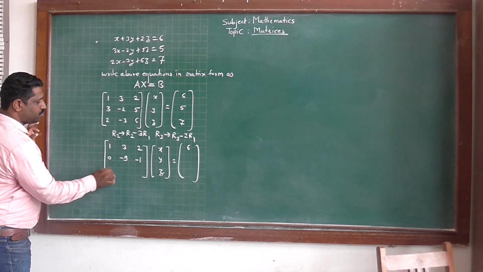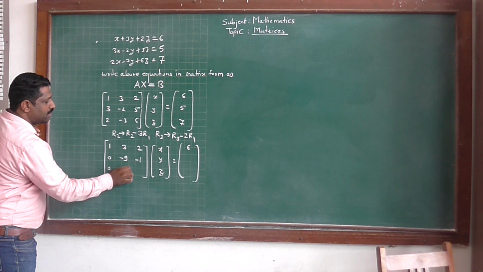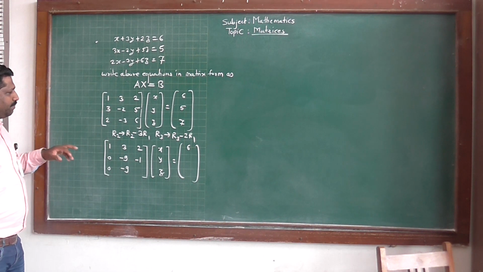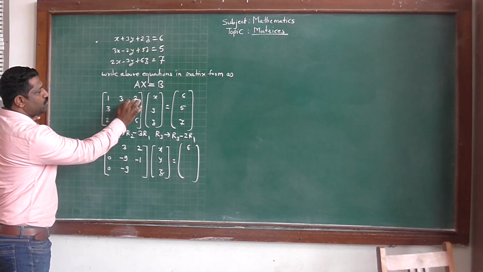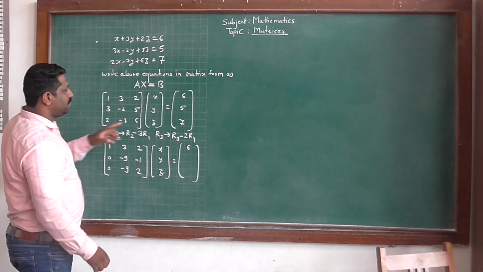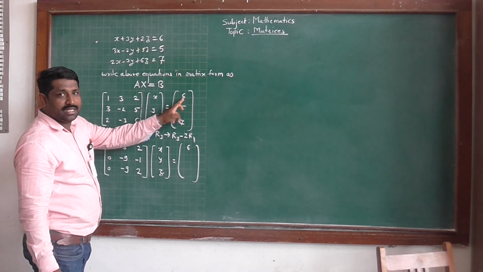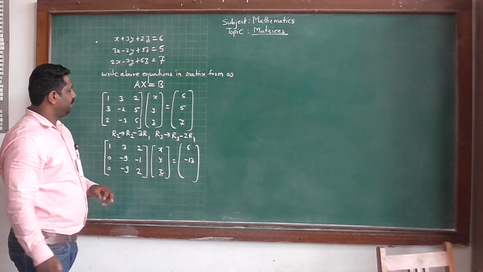So that is 2 minus 2, 0. 3 into 2 is 6, subtracted from minus 3, so that is minus 9. Now 2 into 2 is 4, subtracted from 6, that is 2. Here also 6 into 3 is 18, subtracted from 5, so that is minus 13.